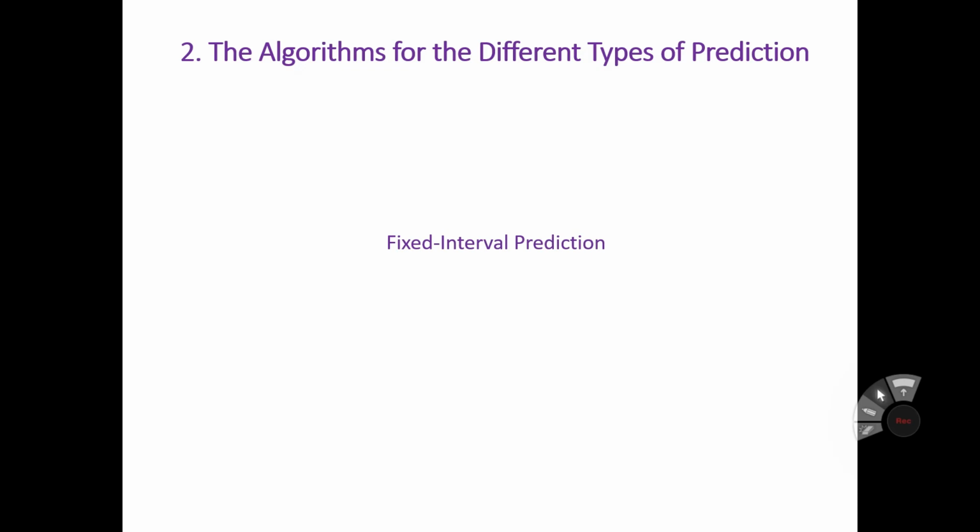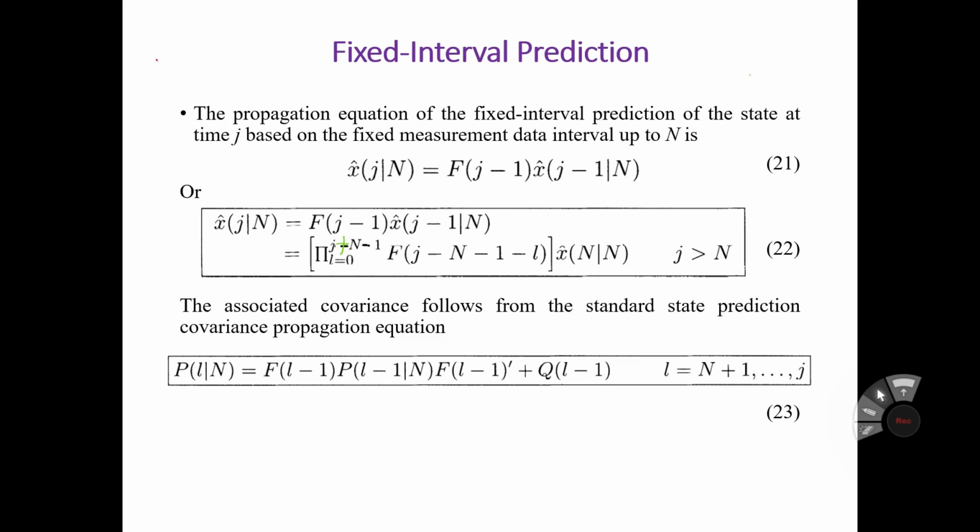And then the fixed interval prediction. For the fixed interval prediction, the propagation equation is for the prediction of the state at time j based on the fixed measurement data up to n. So in this case, you are given the prediction up to n like this. If n equals 5, you have already been given the prediction of the 5 scans.